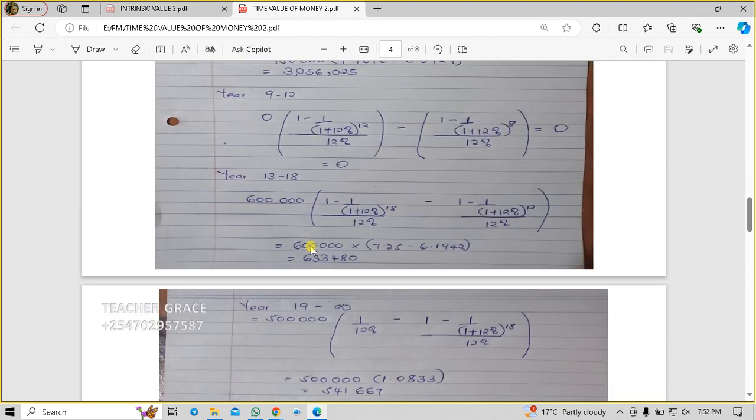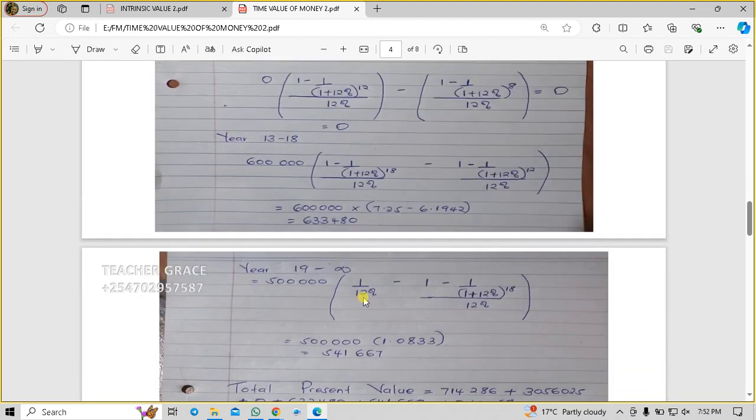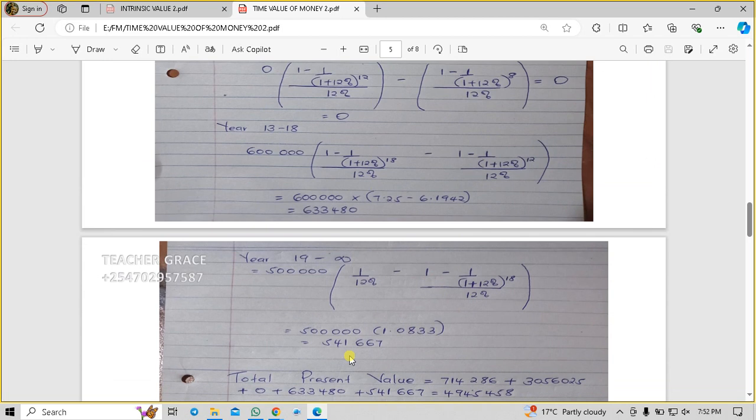So 1 over 12% minus, the second part will be 1 minus 1 over 1 plus 12% to the power 18, over 12%, the discount rate. When you subtract the two, we're supposed to get 1.0833. You multiply by 500,000 for you to have 541,667.